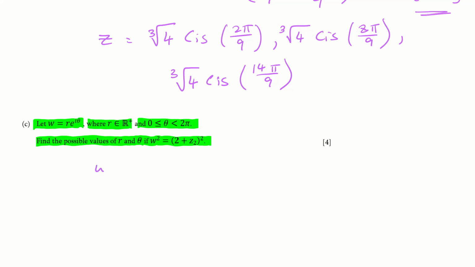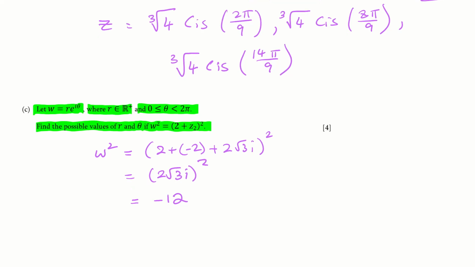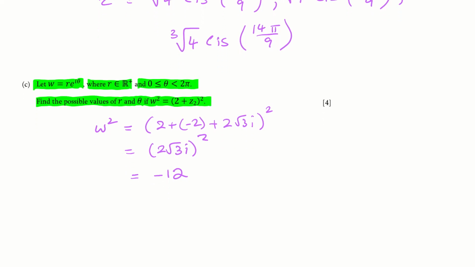Okay, so W squared is going to be 2 plus (negative 2 plus 2 root 3 i) squared, which is 2 root 3 i squared, which is negative 12. 2 times 2 is 4, root 3 times root 3 is 3, and then i squared is negative 1.